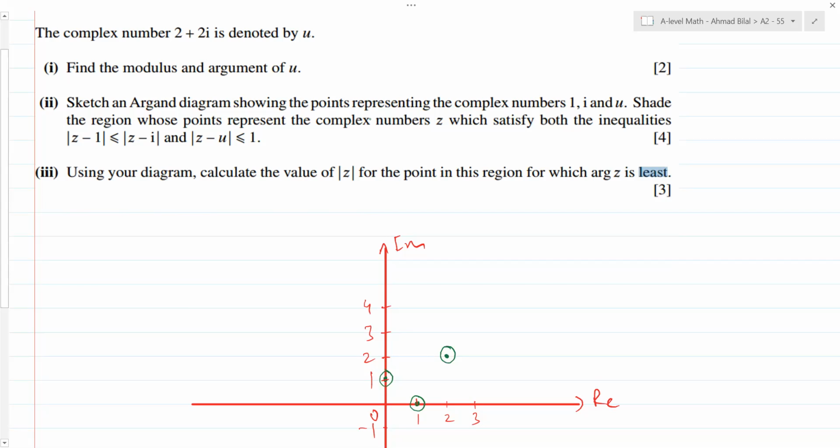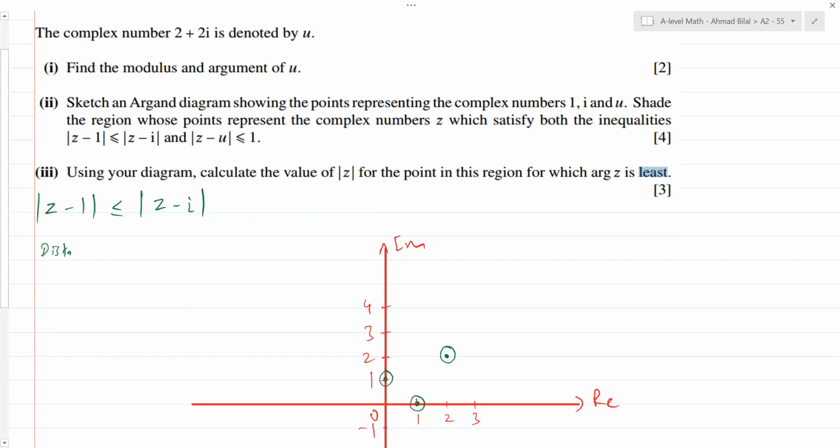Now we have to sketch and show the points representing complex numbers such that they satisfy both of these inequalities. Modulus of z minus 1 is less than or equal to modulus of z minus iota. How do you understand this?